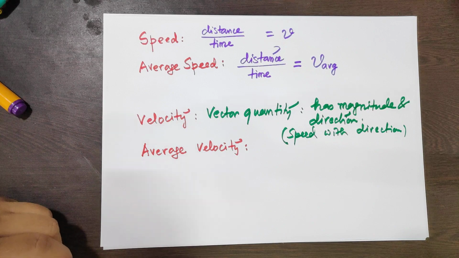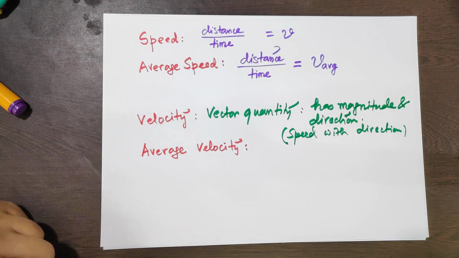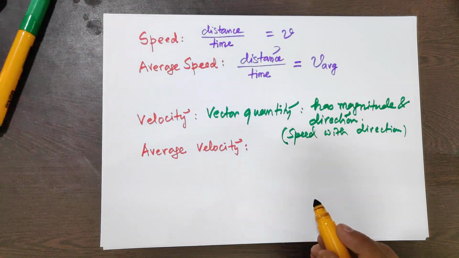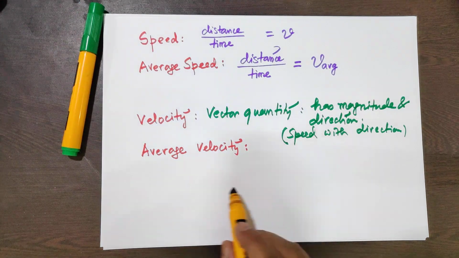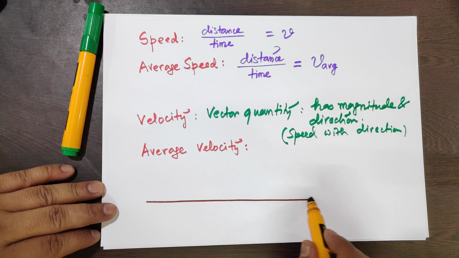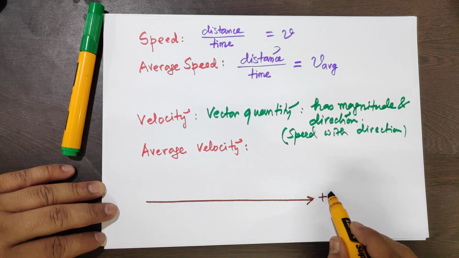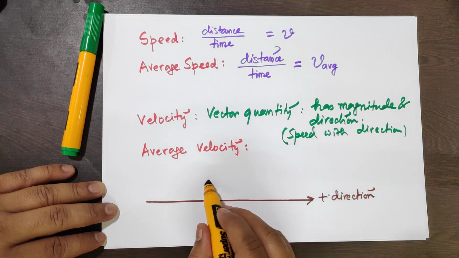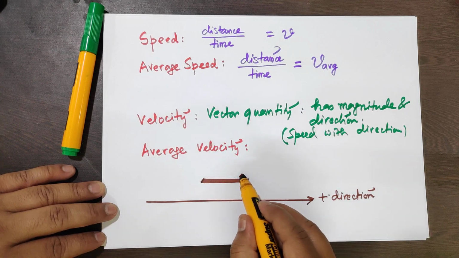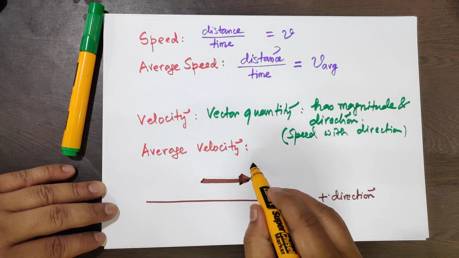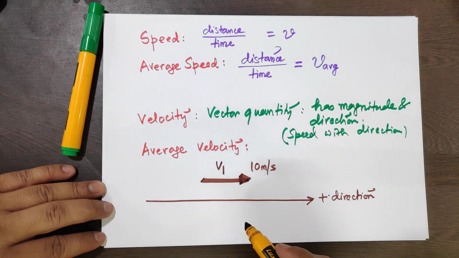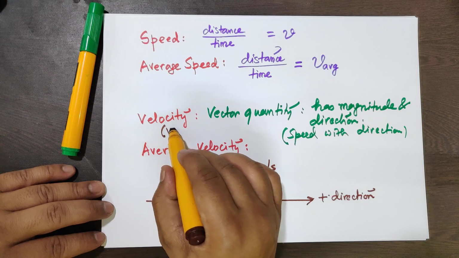Now for our one dimensional motion or motion in a straight line, it will change signs. Suppose you consider this direction as positive. Now if the particle moves this way with a velocity of 10 meter per second, so that's v1. Velocity is also denoted by v.